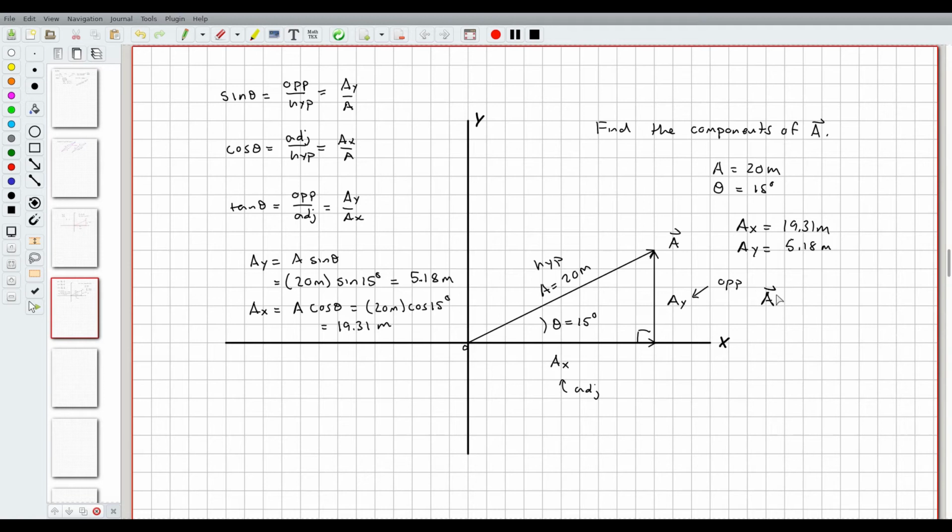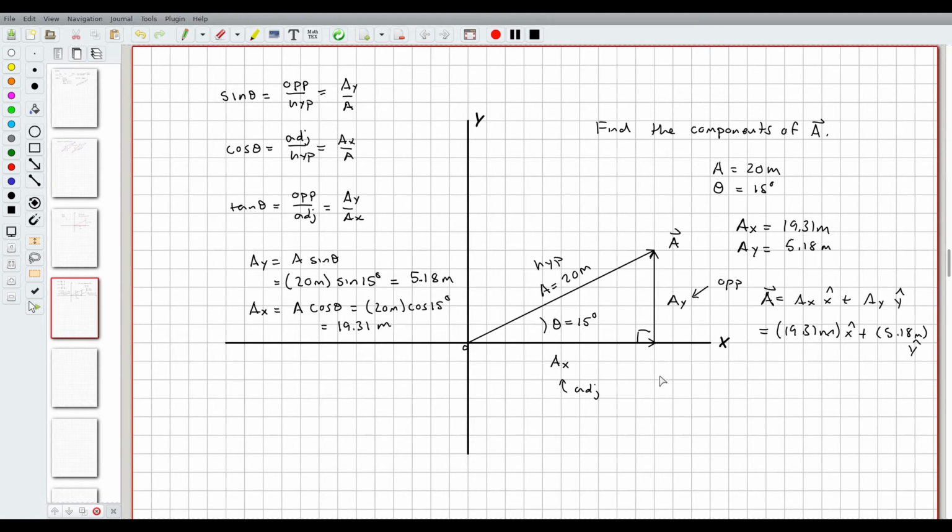Now, how would you express this vector in components? Well, Ax x hat plus Ay y hat: 19.31 meters x hat plus 5.18 meters y hat. Now, if the numbers seem a little bit weird to you, we can always check, because we can use the Pythagorean theorem.